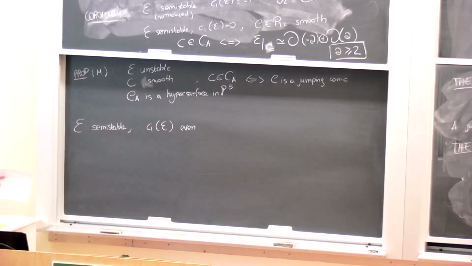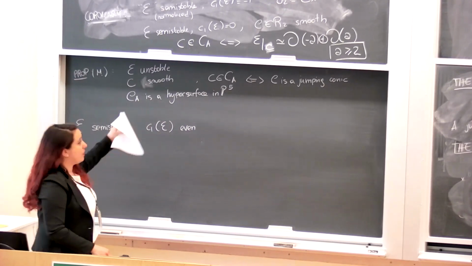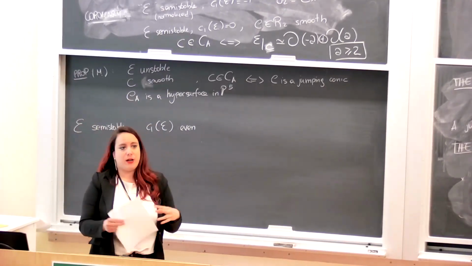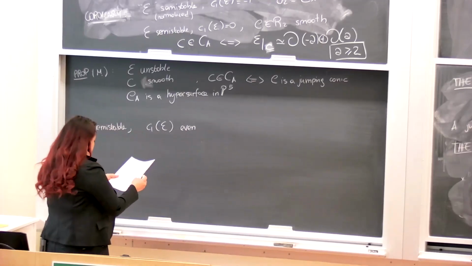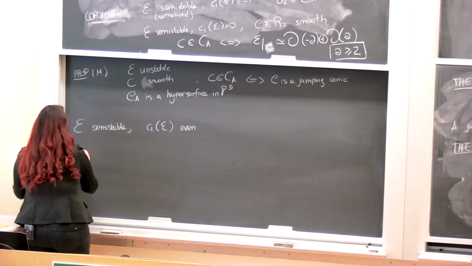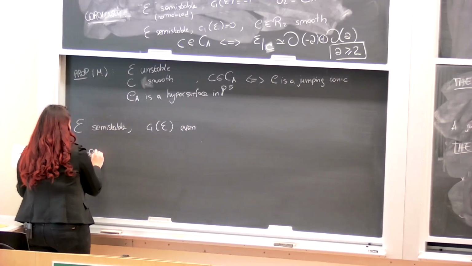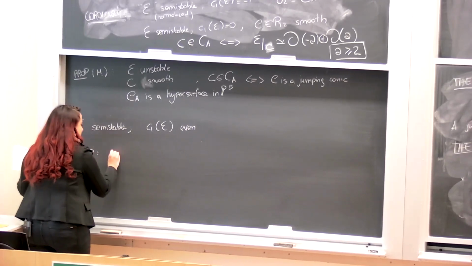And here, we know that in this case the non-Lefschetz locus is contained in a hypersurface, that is the one of the jumping conics, but it's not the whole hypersurface. And we can actually compute the expected codimension.